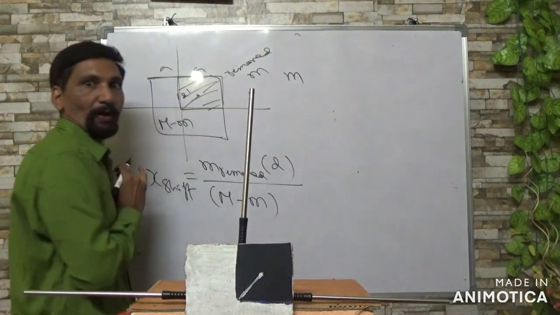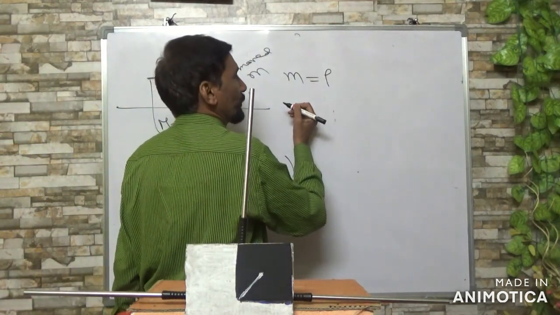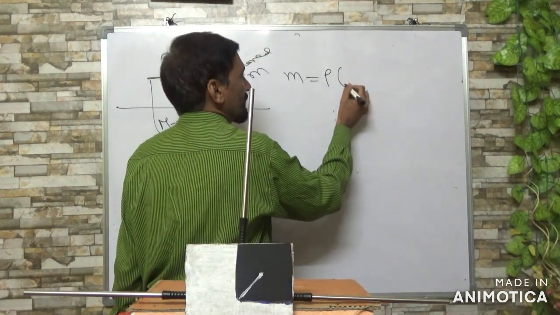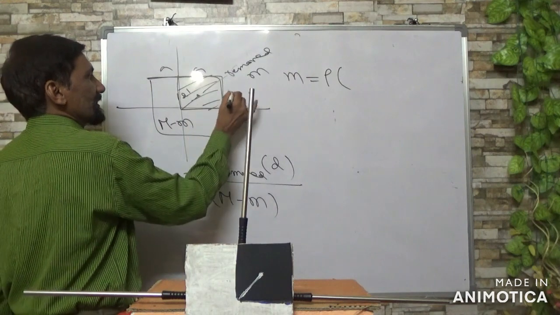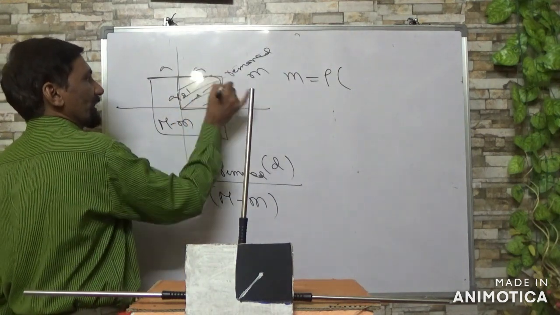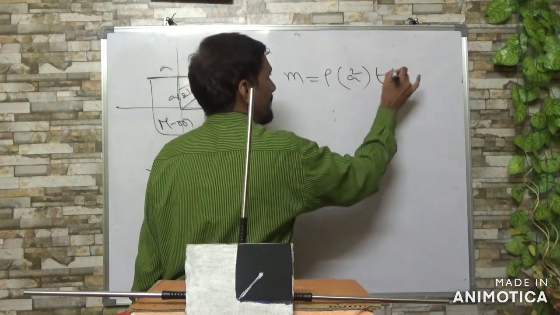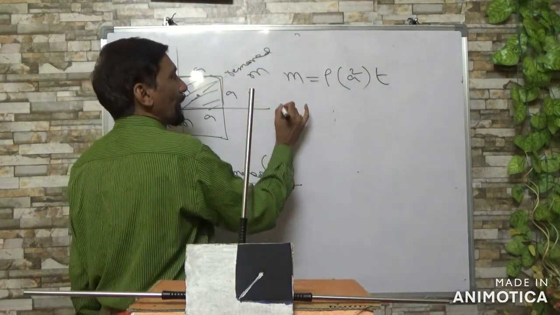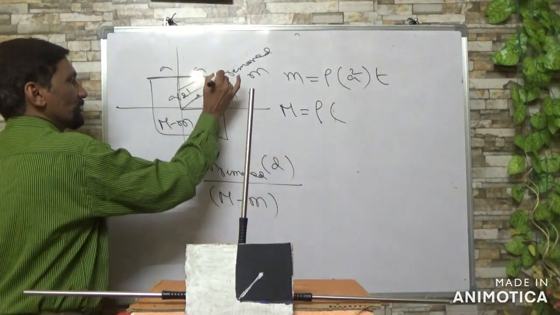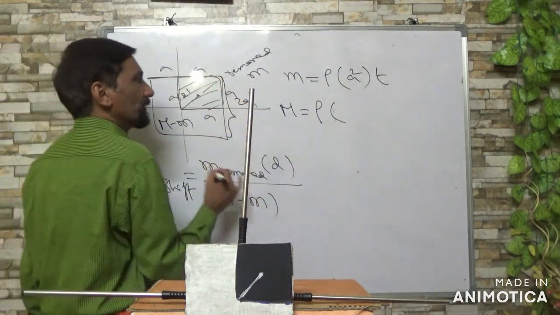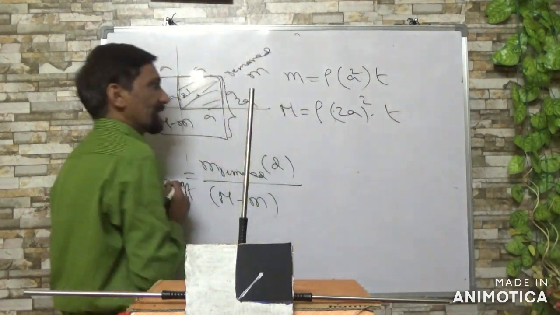The mass of the small one is density into volume, and volume is area into thickness. Here each side is a, so area is a square, into thickness, say t. And capital M is rho, each side 2a, so 2a whole square, into thickness.